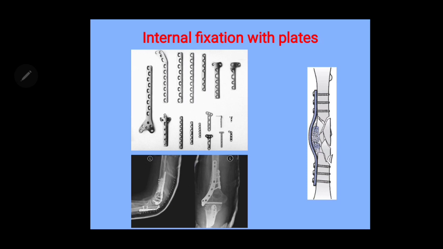Now we have already a few generations of plates according to their design and according to their function. So as you see in this slide, there are plates that are not straight, as the bone anatomy of almost every bone, especially for metaphyseal fractures, is quite complicated. So these are plates that are anatomically pre-shaped already.